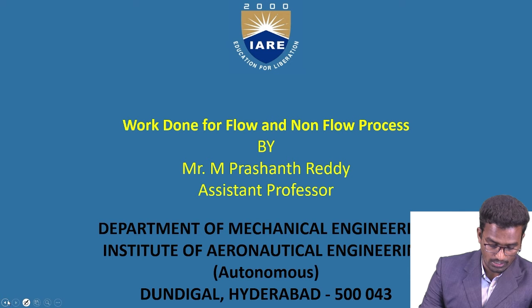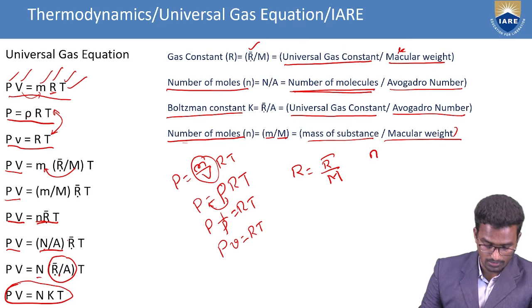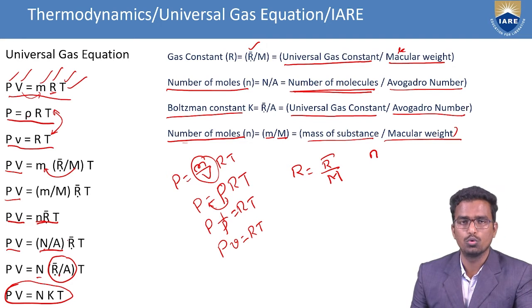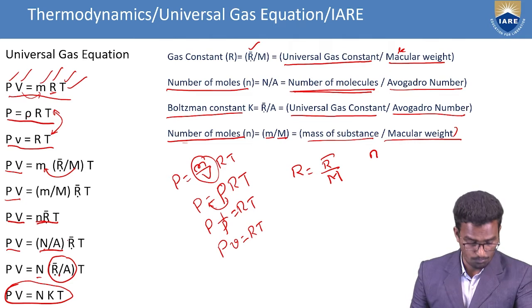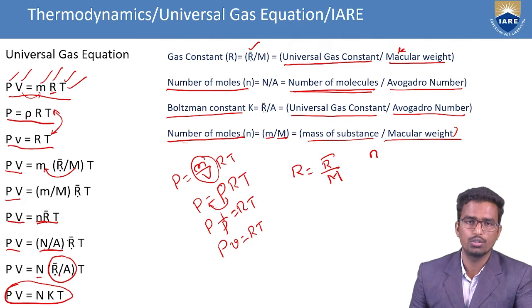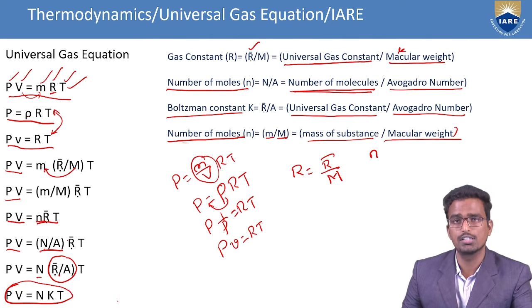So you convert PV into N k T. That means pressure into volume is equal to the number of molecules into the Boltzmann constant into temperature. This is the ideal gas equation. Depending on the parameters given, you can convert it from one form to another.